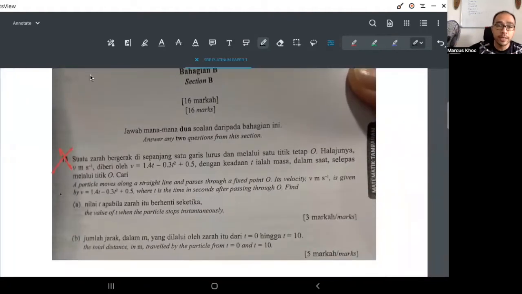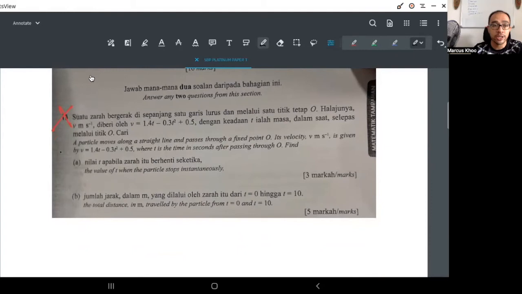Okay, last 3 questions. So this question is not supposed to come out here. It's a paper 2 section C question. It is a motion in a straight line question, which I did not really cover with you lah. But if you're going to answer this question, let me give you the answer.